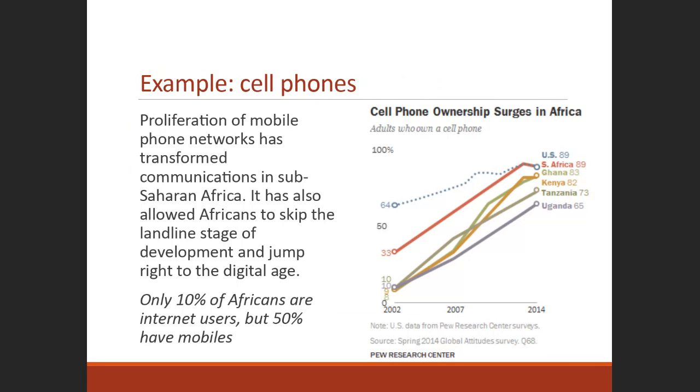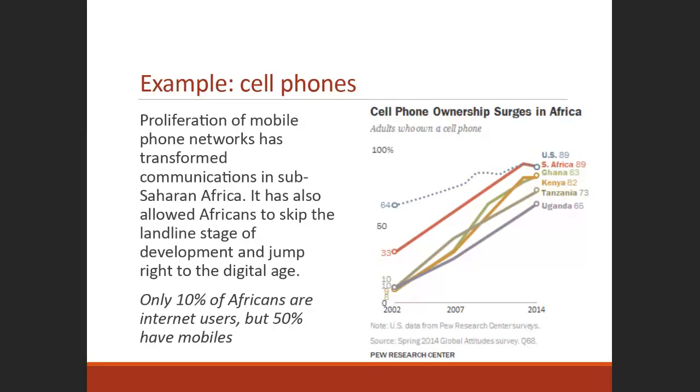And one of the best examples that I can give is how cell phones have really transformed Africa's economy. So the proliferation of mobile phone networks has really transformed communications. And one of the arguments that some people have made is that they haven't had to build landlines, and they don't need to build landlines because now a huge percentage of many Africans have cell phones.